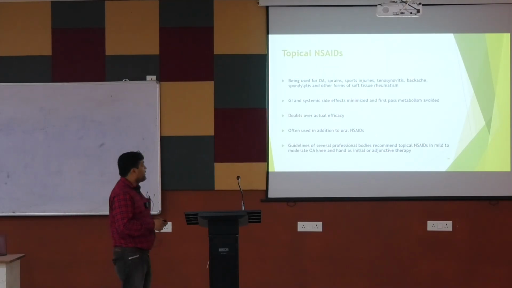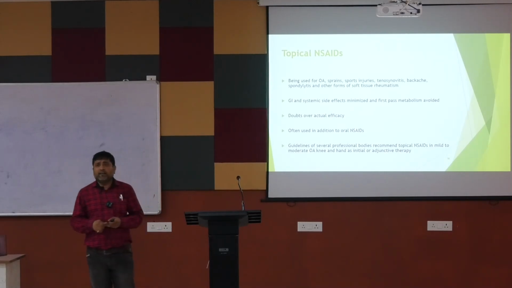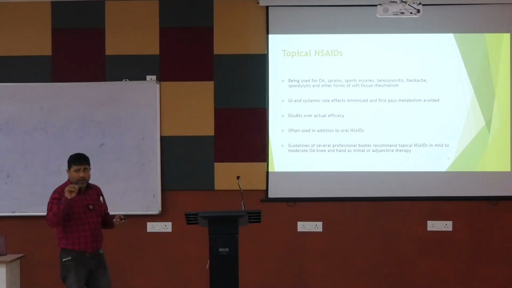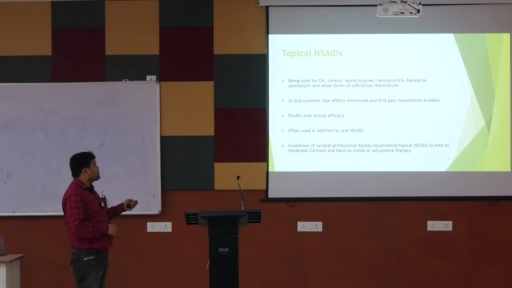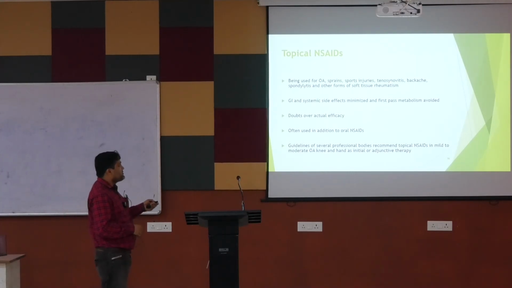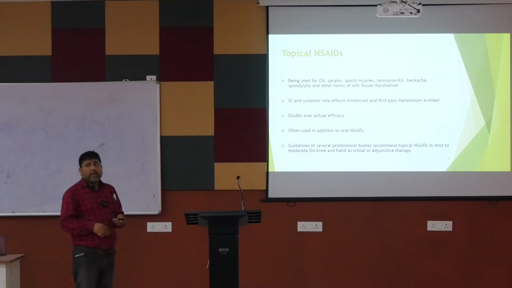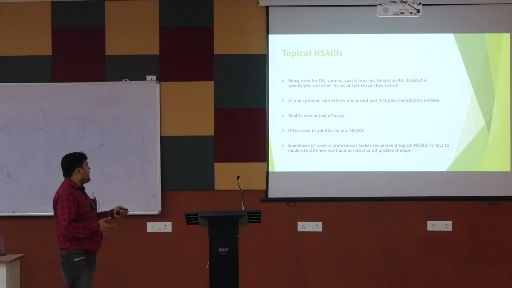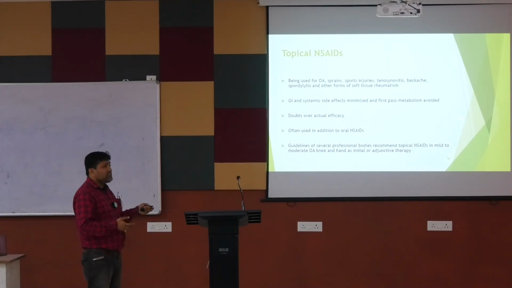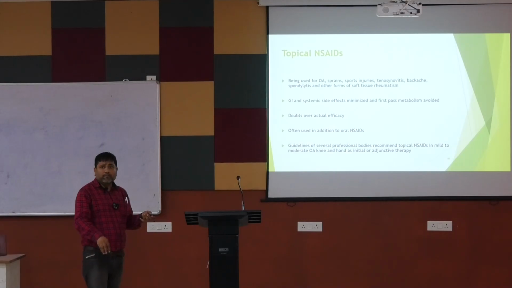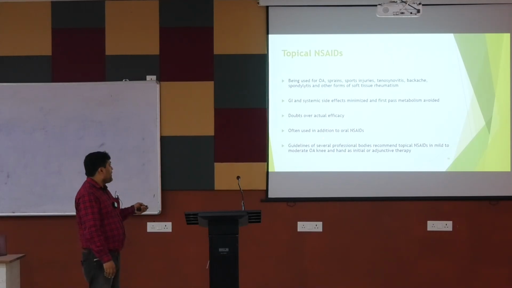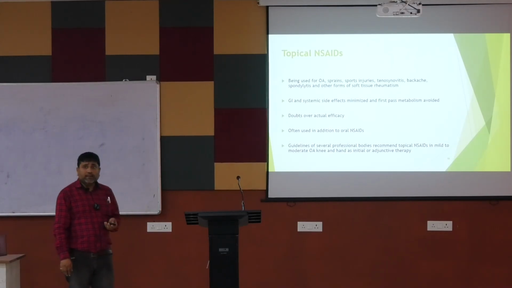Topical NSAIDs are basically used in localized painful conditions like osteoarthritis, sprain, sports injuries, tenosynovitis and others. Because they are used topically, the systemic side effects and gastric toxicity are lesser. There are doubts over actual efficacy, and they are often used in addition to other NSAIDs.